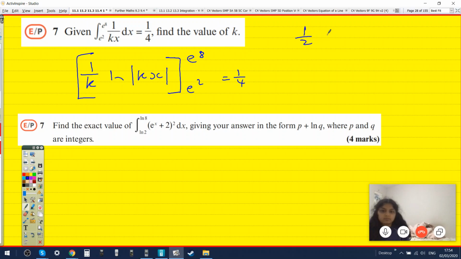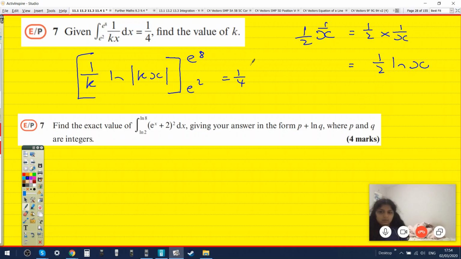If you had 1 over 2, like a half x, so that's the same as 1 over 2 times 1 over x. And so your integral is going to be ln x, but this is just a coefficient. And so that's 1 over 2.